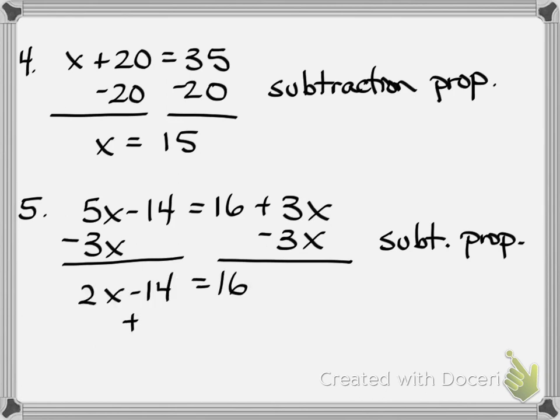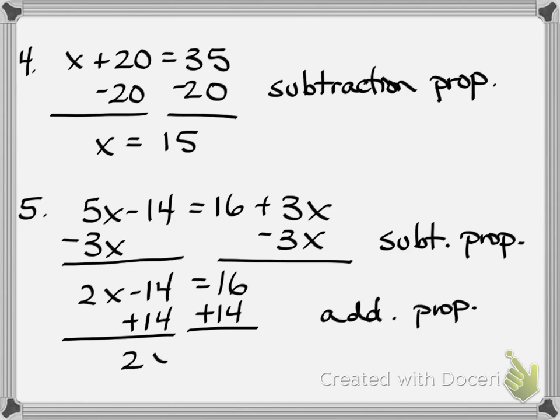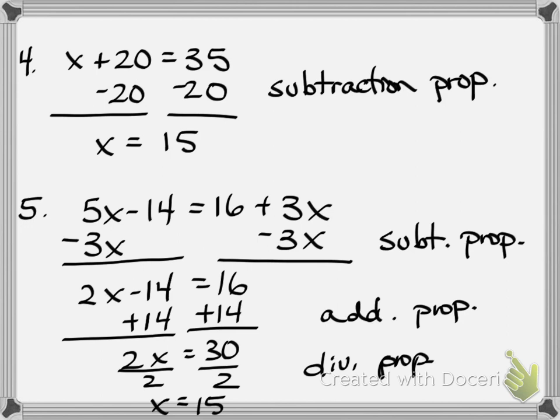Then my next step is to add 14. See, I like to move the x's first to change it to a 2-step. So that's addition property. And then I divide both sides by 2, which is division property. And then I get x equals 15.